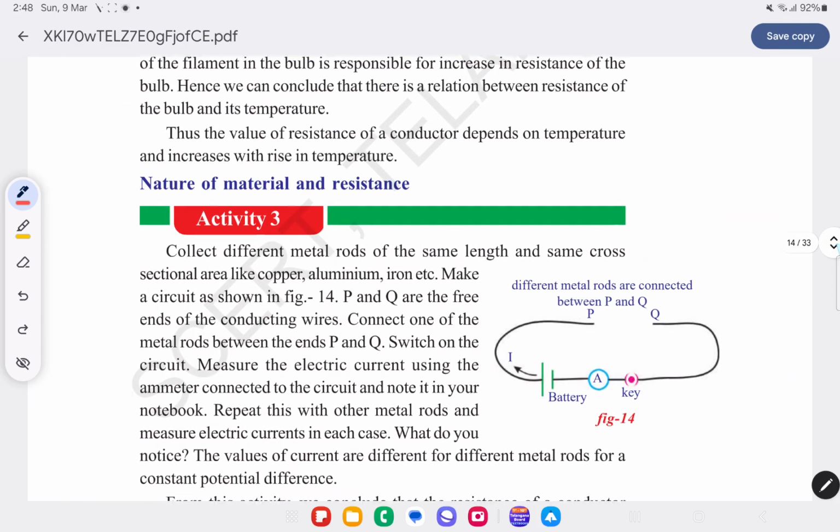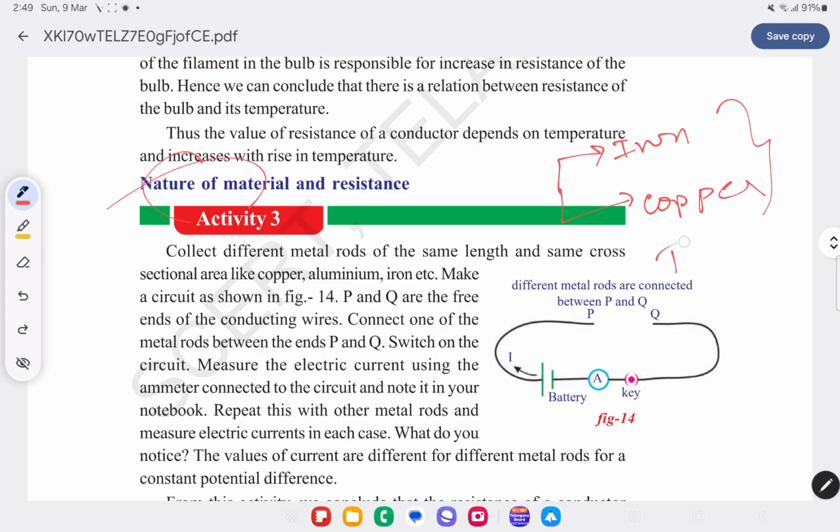See, next, resistance and nature of the material. Resistance depends even on the nature of the material. Suppose one conductor is made of iron, one conductor is made of copper. Both are conductors, but are wires made of iron or copper? Basically copper, right?